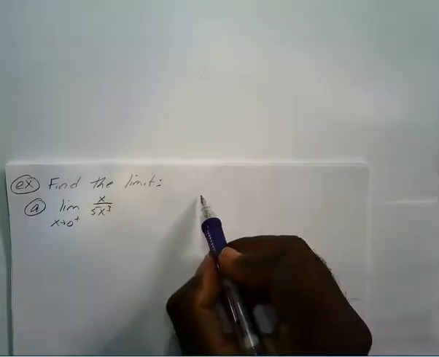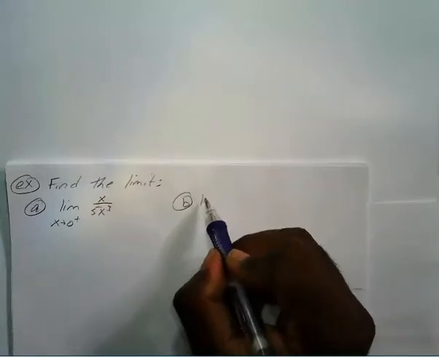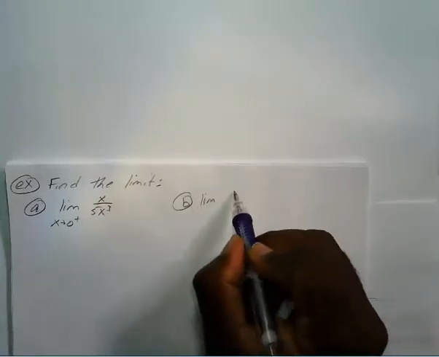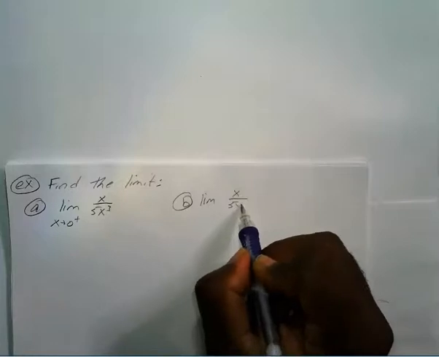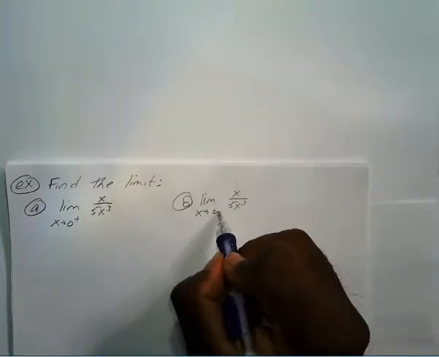And let's say for problem B, you have the limit of x over 5x to the third as x approaches 0.